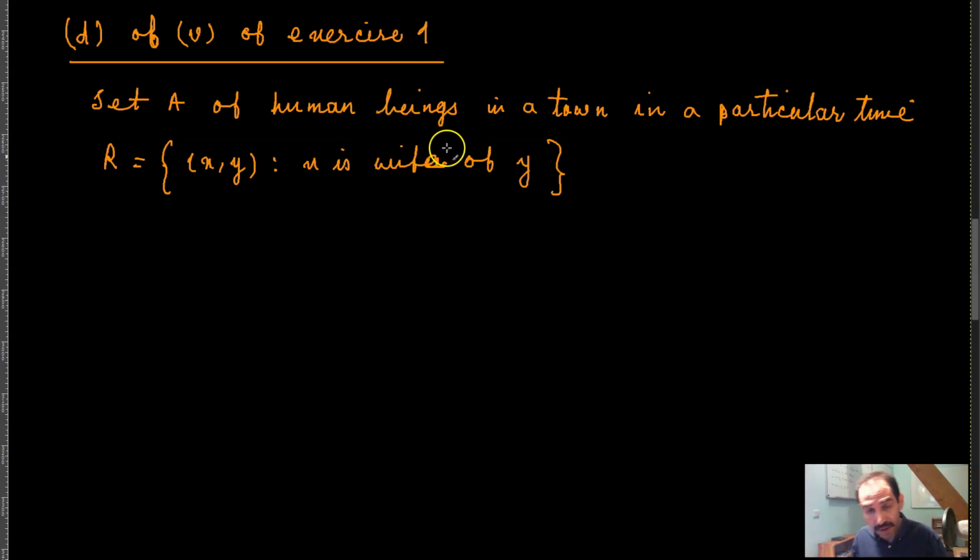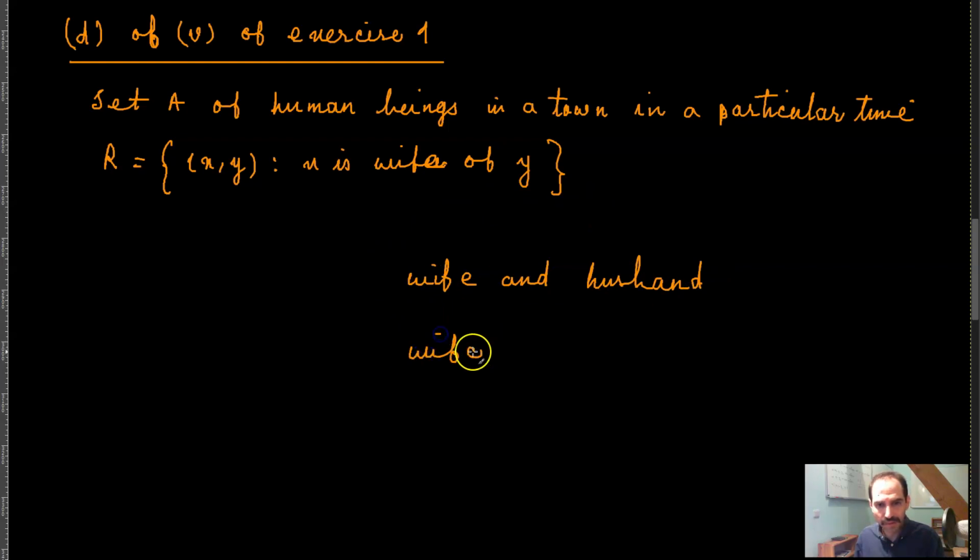There is some sort of relationship in human beings called wife and husband. But there is also a relationship called wife and wife, and also one called husband and husband.